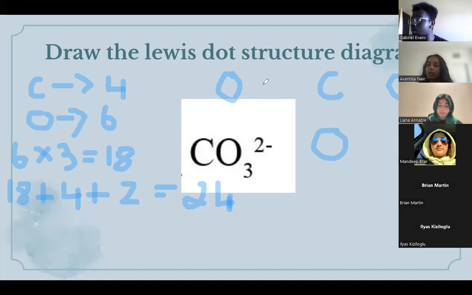So for the bonds, how do I do the bonds? Line. Yeah, okay. So you draw a line, this is how you indicate a bond, but now carbon has 2, 4, 6, and we said carbon needs 8 to be happy. So how do I make sure that carbon is happy?